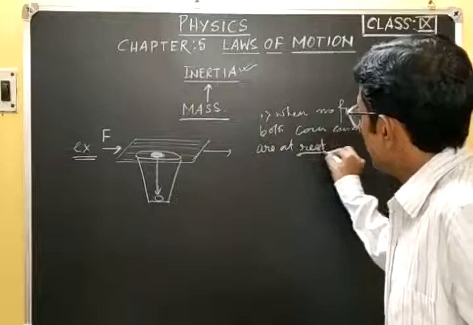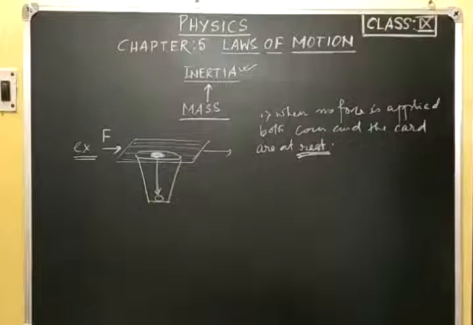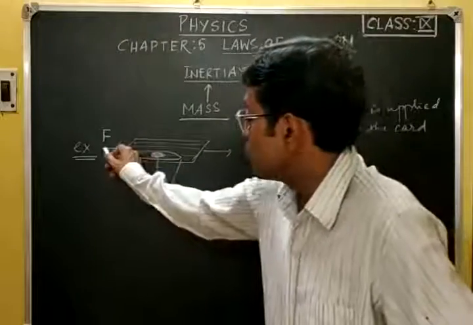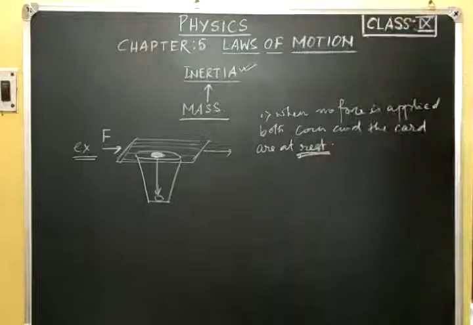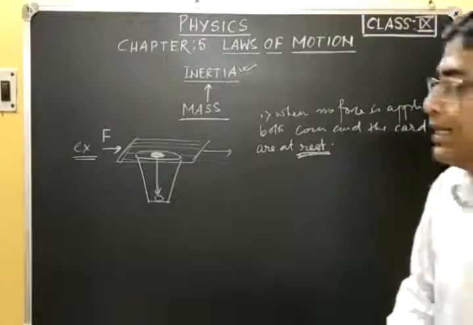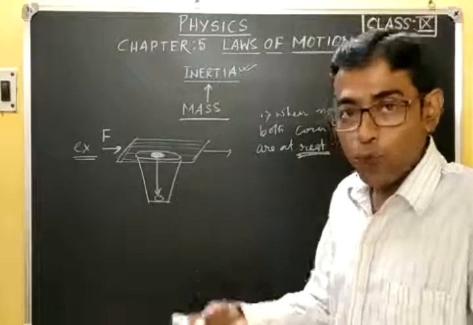Remember. So what property are they having? Inertia of rest. Now I have applied a force on the card, not on the coin. I have applied the force on the card. As a result, the card will be in motion.